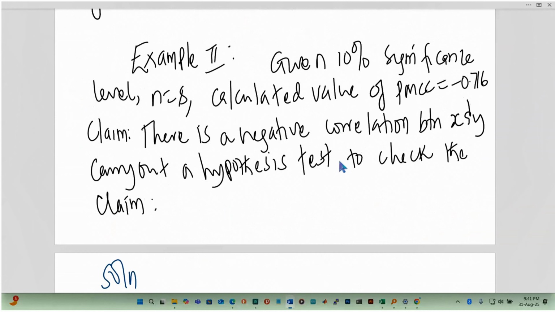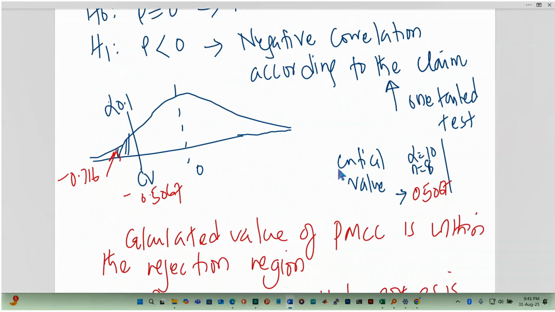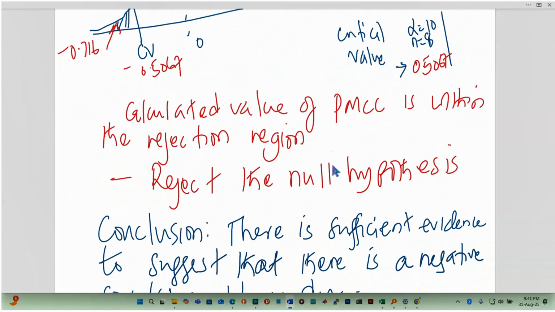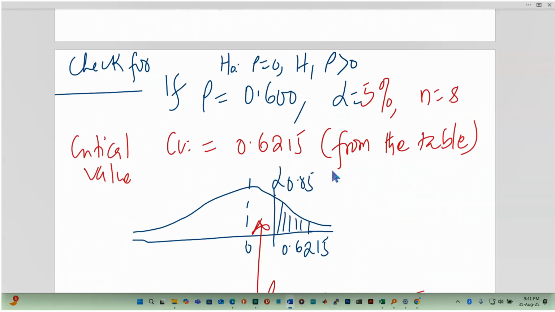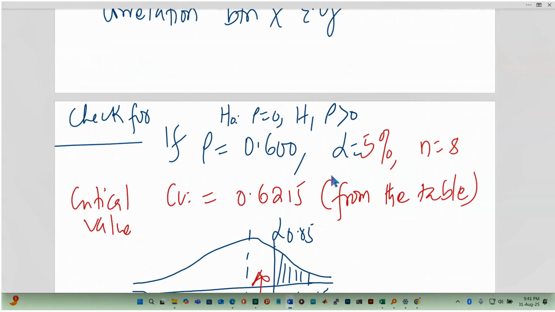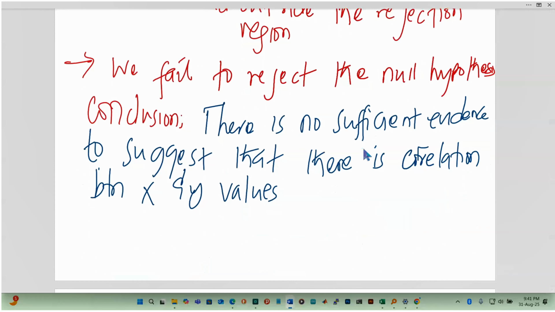And then there is a case where we have found that the calculated value is outside the rejection region, and therefore we fail to reject the null hypothesis. And then the conclusion is that there is no sufficient evidence to suggest that there is a correlation between X and Y values.